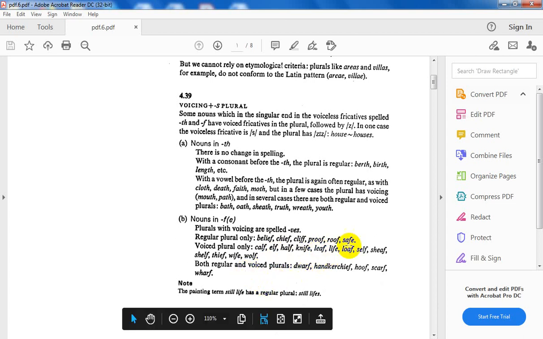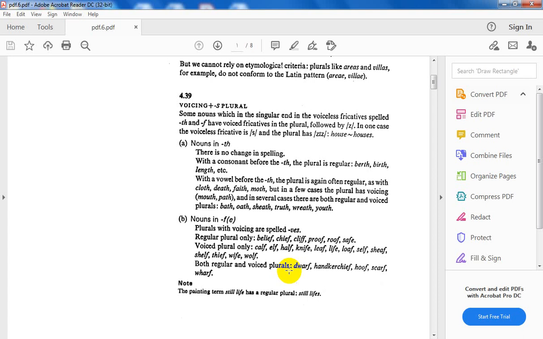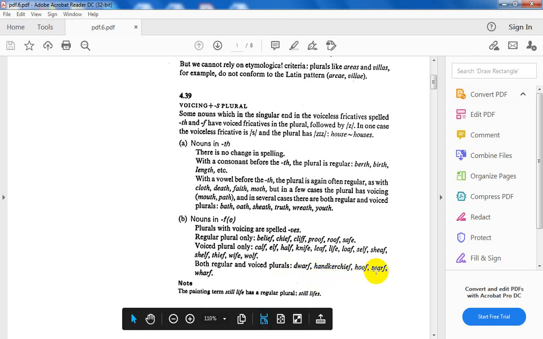And in addition I have self, sheep, shelf, thief, wife, wolf. These nouns can be pluralized by the regular just adding s, or the irregular changing to ves.